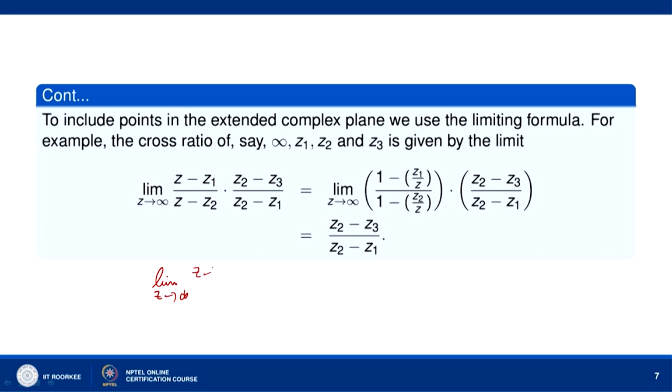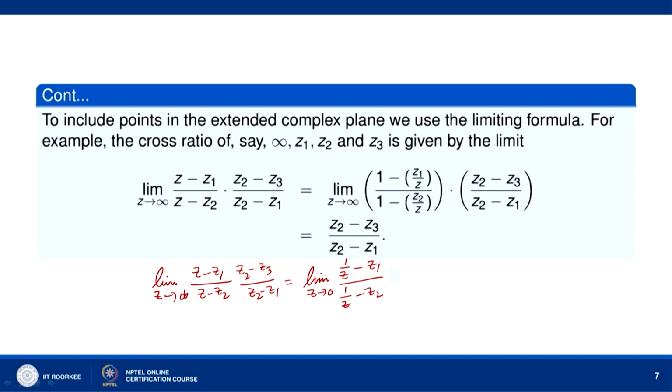Now this limit as Z tends to infinity of Z minus Z1 divided by Z minus Z2, times Z2 minus Z3 over Z2 minus Z1, is equal to the limit as Z tends to 0, where we replace Z by 1 by Z. So 1 by Z minus Z1 divided by 1 by Z minus Z2.